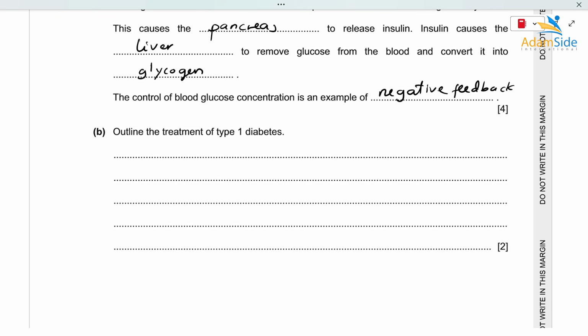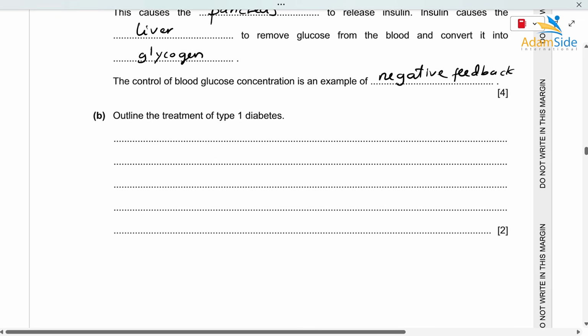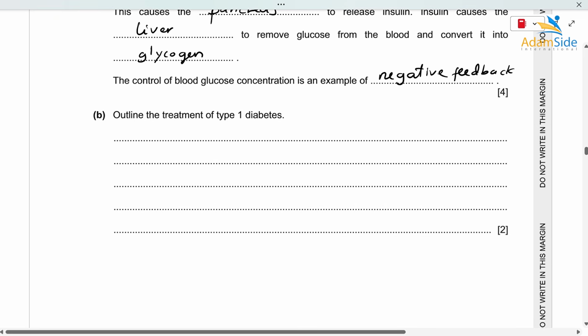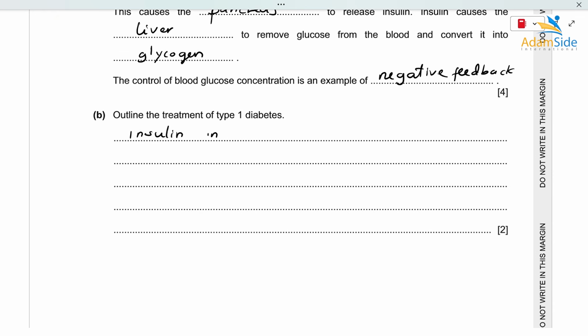Now, outline the treatment for type 1 diabetes. One way we can treat type 1 diabetes, first of all, is using insulin injections. So we'll state here that one way is through insulin injections. But apart from insulin injections, the other thing we can do is monitor the diet that people are taking in. How are we monitoring the diet?